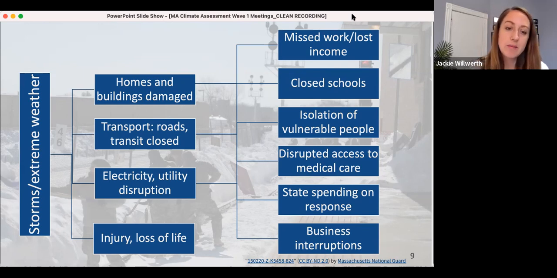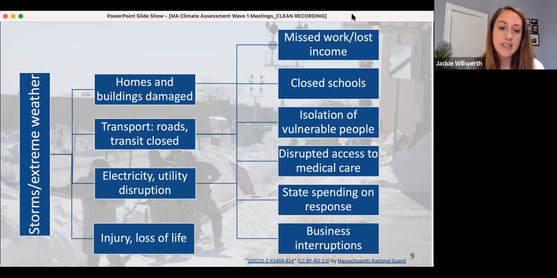And all of these have some of the same indirect impacts we've discussed before: missing work, lost income, closed schools during storm events, isolation of vulnerable people who aren't able to get the supplies and visits they might need, or just social interaction that they're used to during these events, disrupted access to medical care, both in terms of ability to get to appointments or other needs, and if electricity is needed for certain medical devices, this can be a real problem.